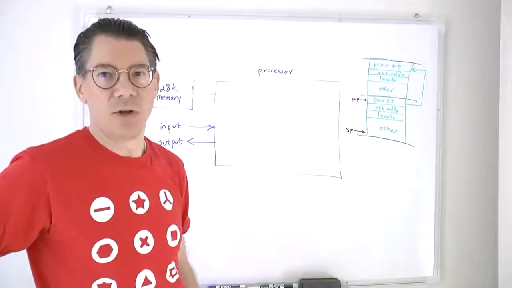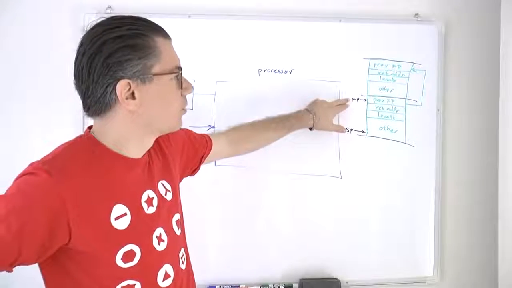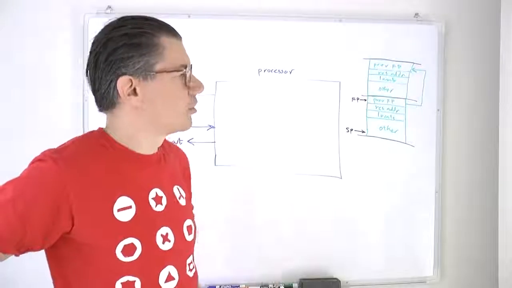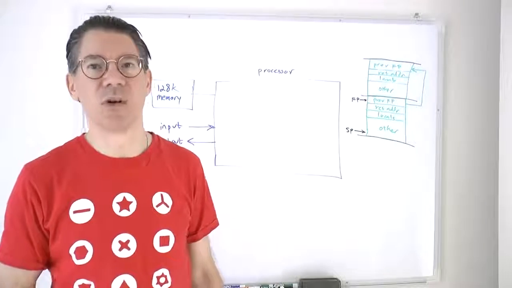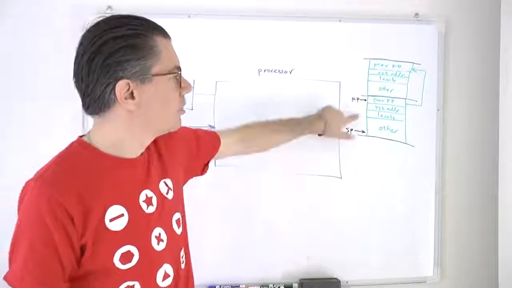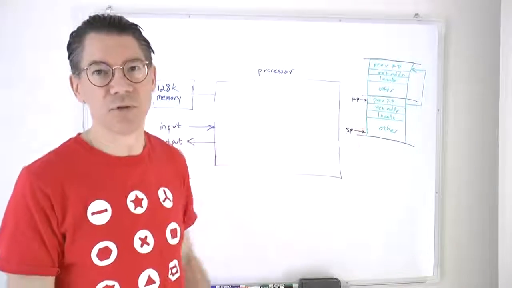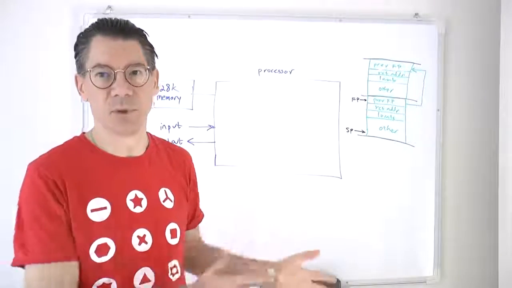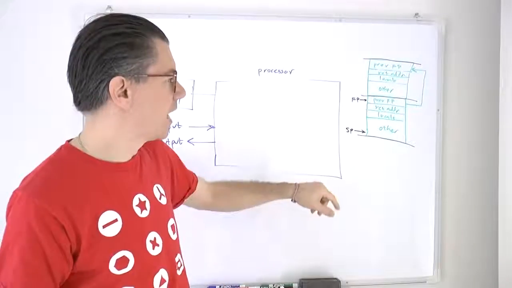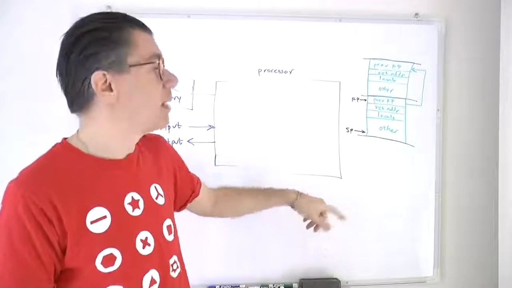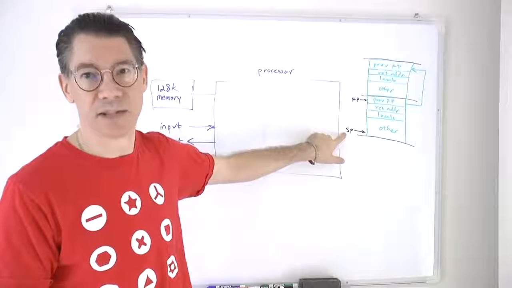When you make a call, what you do is you store the previous frame pointer, which we'll get to in a moment. Then you store the return address. This is the address that you want to return to after your subroutine is done. Then you have an area for your local variables, and then you may have some extra stack space that you can push and pop onto. And the location of the top of the stack is given by the stack pointer.